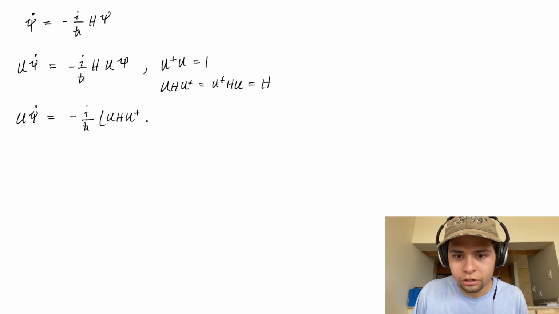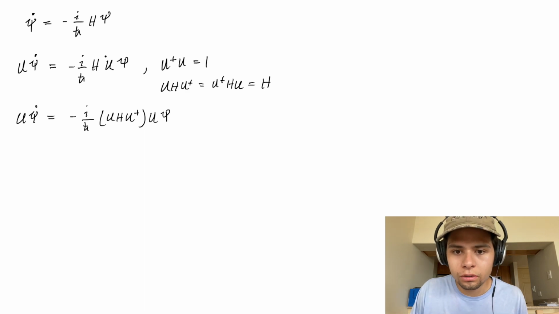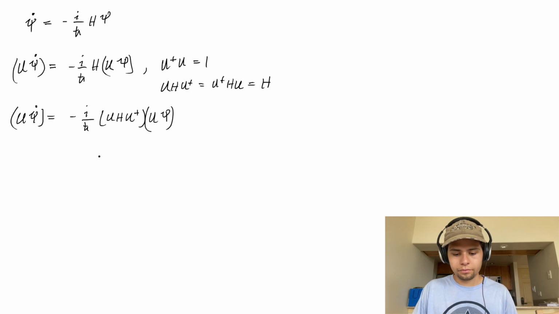That's just H right here, and then U and psi. That's just this right here. So we can think of it like this. Might be easier to put parentheses around everything to keep track of stuff.